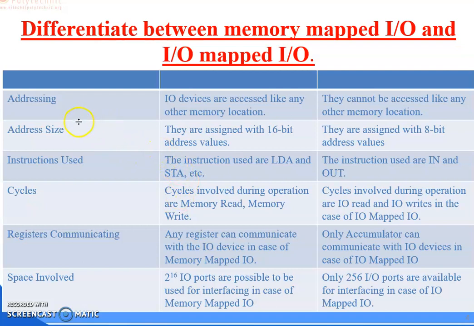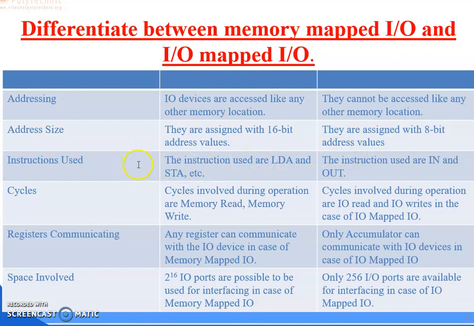In terms of addressing, in memory mapped IO, IO devices are accessed like any other memory location, but IO mapped IO devices cannot be accessed like any other memory location. Then in terms of address size, memory mapped IO devices are assigned 16-bit address values, but IO mapped IO devices are assigned 8-bit address values.